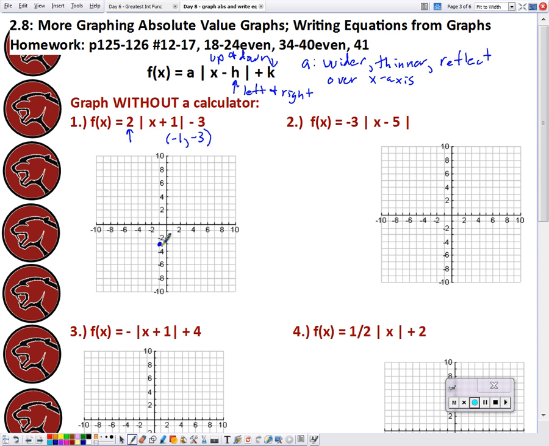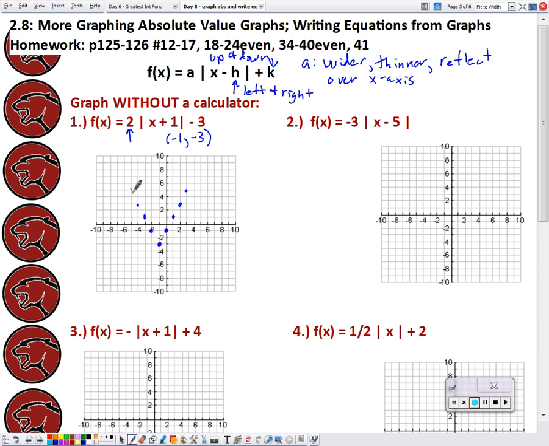So we're all going to put our pencil on our vertex and go up 2 and right 1. Now, we're going to go back to our vertex and go up 2 and back 1. The absolute value made this shape. Normally, it would have just been a line with a slope of 2, and it would have come down this way, but the absolute value took all these negative values and flipped them over.